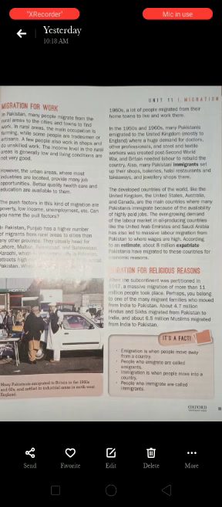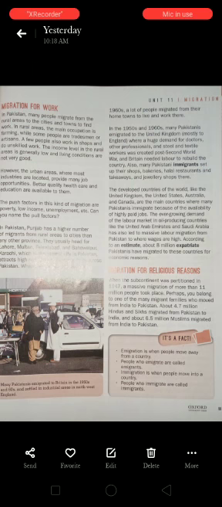Now the next is migration for religious reasons.